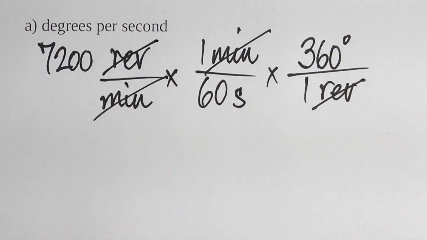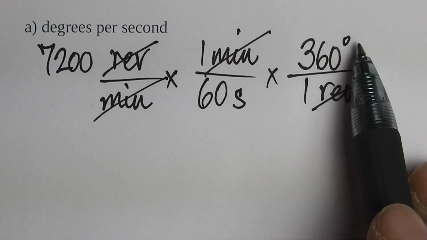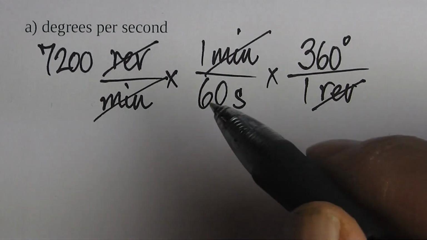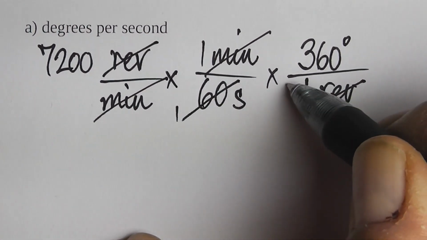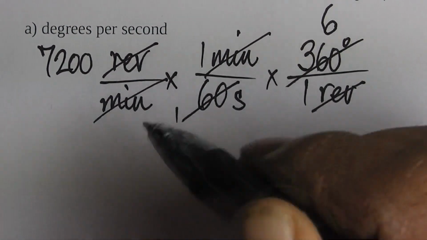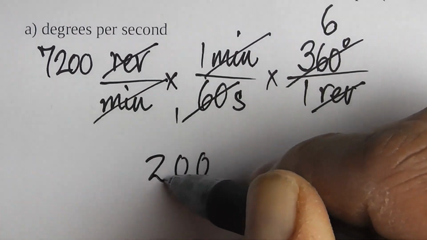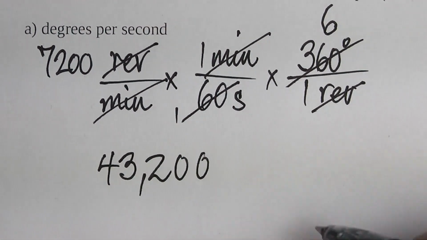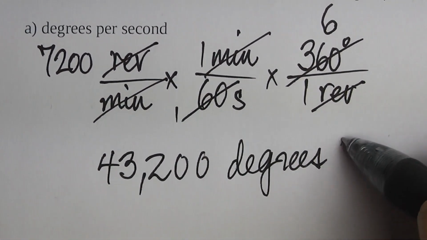Revolution and revolution cancels. And so now you have degrees per second. Alright, 60 divides into 60 once, divides into 360 6 times. So when I multiply all of that out, my angular velocity is 43,200 degrees per second.